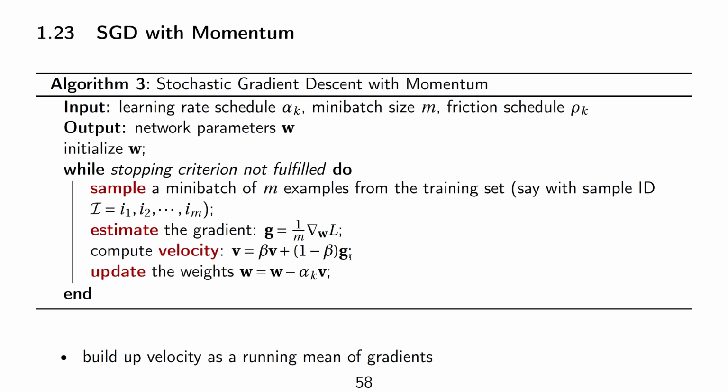Also, we can see here that we don't employ a correction factor. One simple thing to do instead is that you could make up some friction schedule, where you start with a lower beta, so let's say beta is 0.5 in the beginning, and then over the first few iterations you gradually increase beta until it's 0.9.